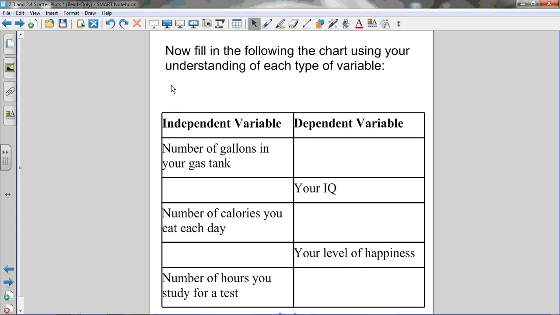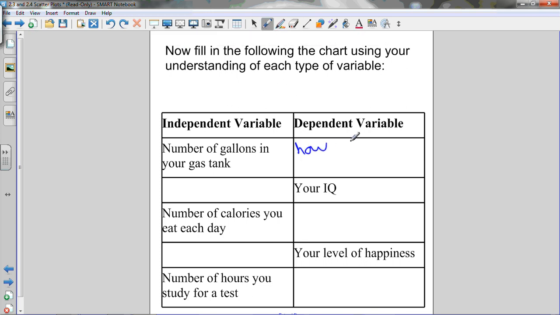So if the independent variable is the number of gallons in your gas tank, what could that affect? Okay, keep in mind the independent variable affects another variable. So let's try and think about what variable the number of gallons in your gas tank could affect. The variable I would put in there is how far you can drive.